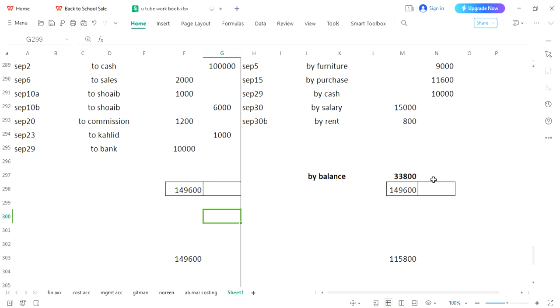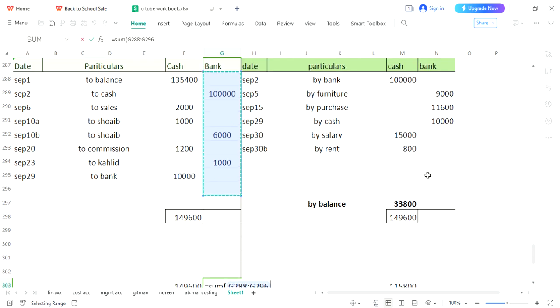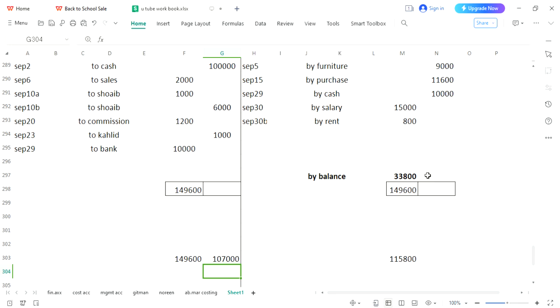Same steps you will take. First, you will take the sum of both sides for bank. This is the debit side of bank, and you will get the sum of the debit side, and look at this. This is the sum of the debit side, 3 amounts. And now you will perform the same function.